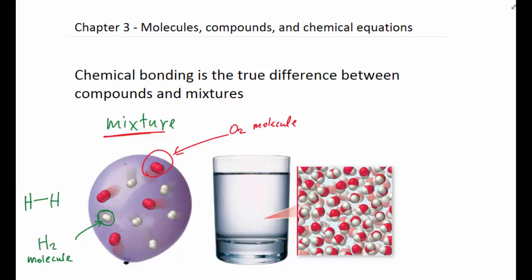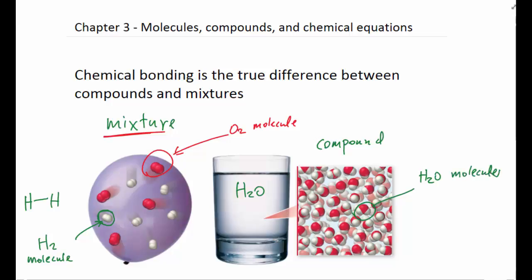Okay? Now, there's a main difference here between this water, which is a compound, because water is made out of H2O molecules. Okay? H2O molecules look like this, where it's specifically two hydrogens attached to a single oxygen.